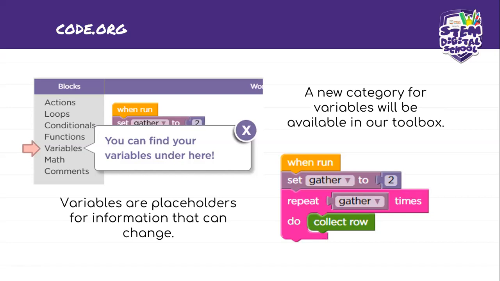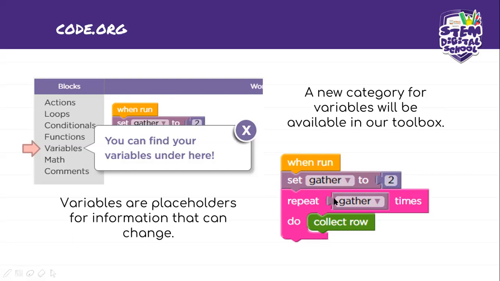Remember, this is just a value. I assign a value to the word gather, and that is 2. So if I read this, repeat 2 times. And this is what I mean about changing values throughout your code.